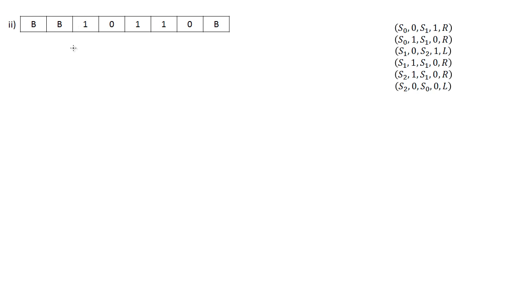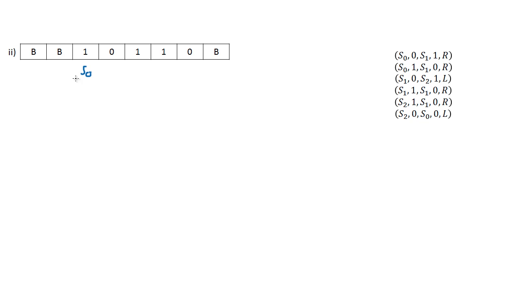We count from 1, so 1 will be our S0 initial state. I'm going to find where S0 is 1, so that one there, and we've got to move to the right, changing the value to 0 and the state to S1.